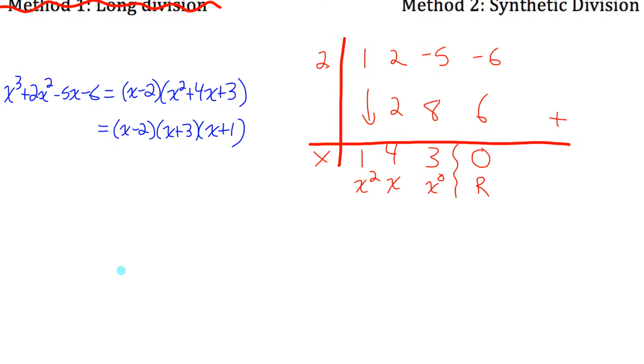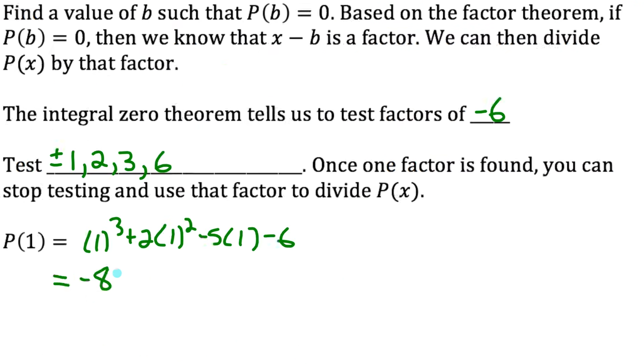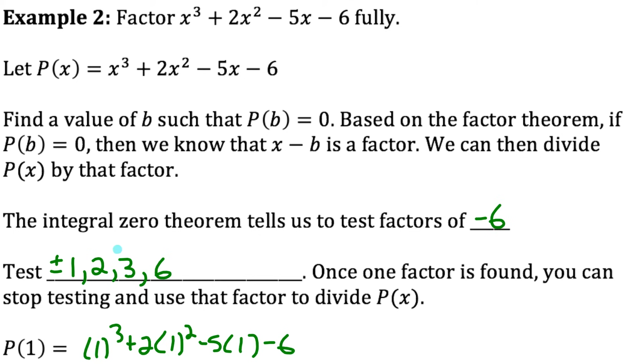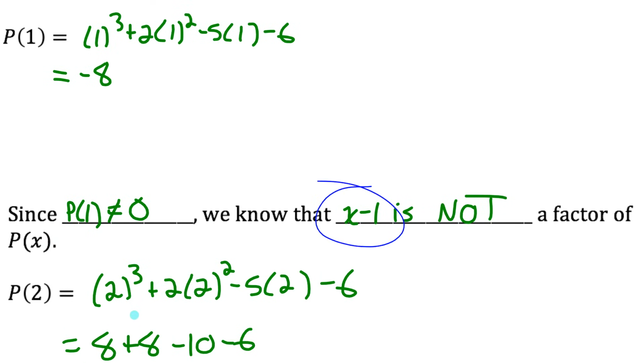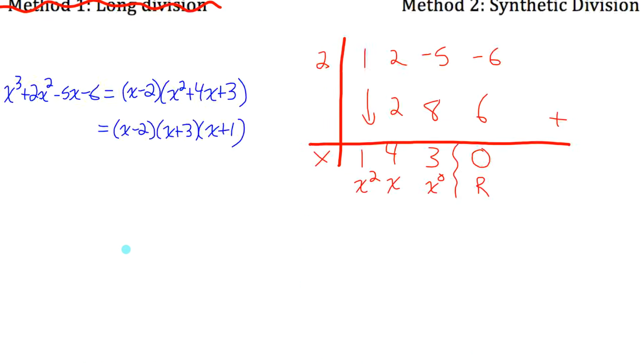And you should notice from that fully factored form that there were 3 integers that would have made the polynomial be 0. 2, which is the one we found, but also negative 3 and negative 1 would have worked as well. So in this list here, 3 of those numbers would have worked. It didn't matter which one we found, we just had to find one that worked, divide by the corresponding factor, and then we can get it into fully factored form.